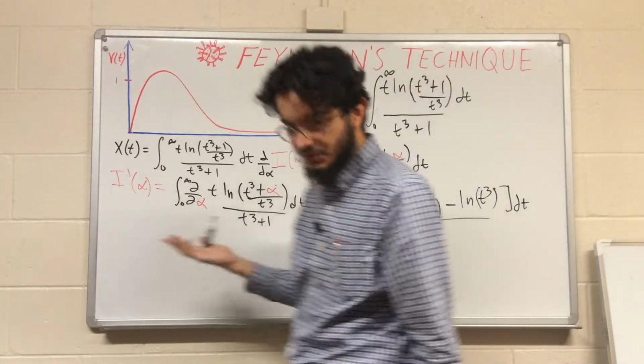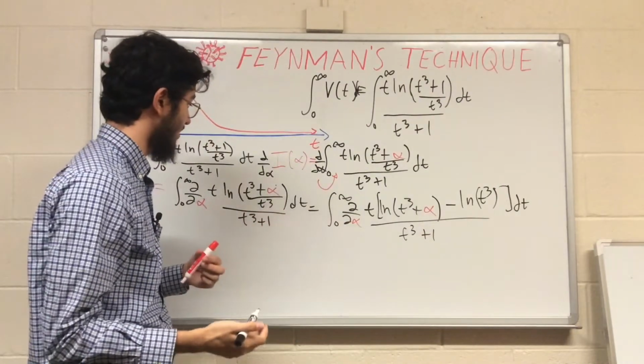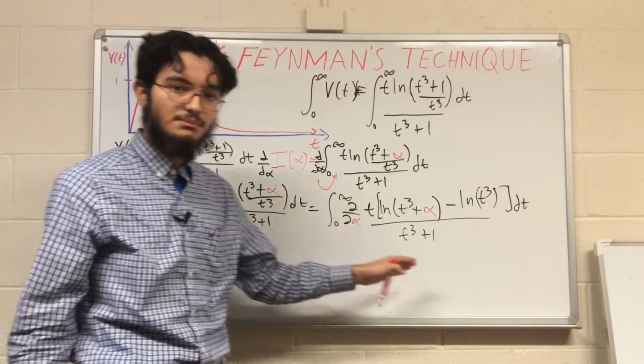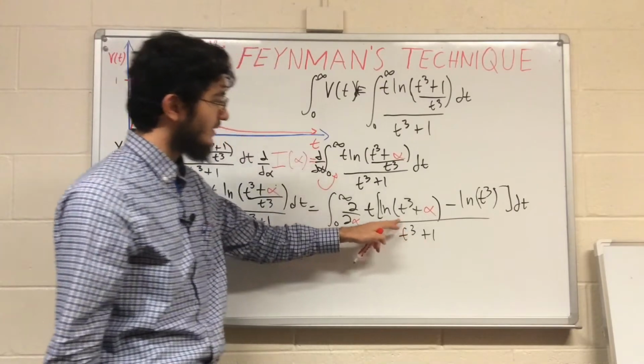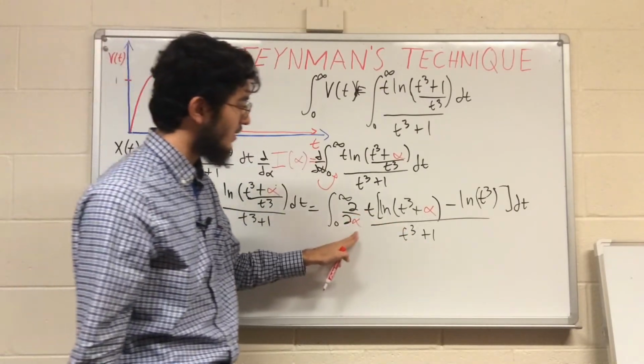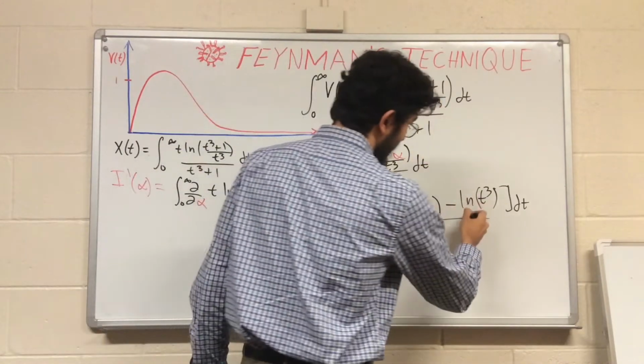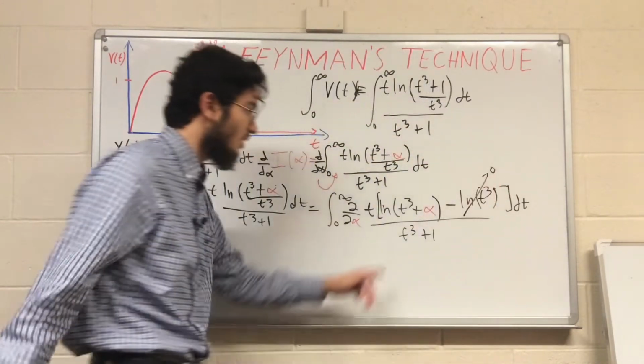This is just so that we can make it easier to differentiate, but it really does not make a big difference. It's just to get a clearer picture. Over here, the derivative with respect to alpha of this goes to 0, because it's just a constant. So in this case, we consider that to be a constant.